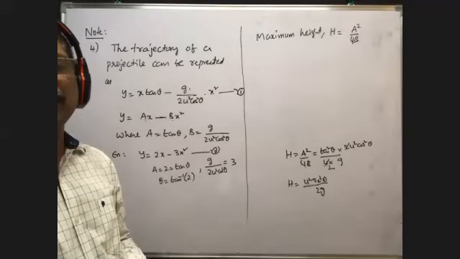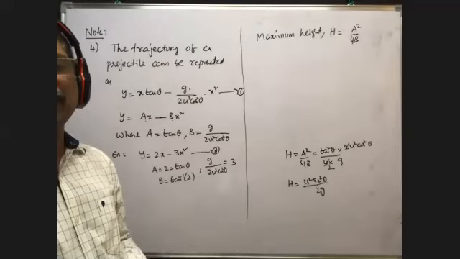Okay, here, next point: radius of curvature of parabolic path when the projectile lies at any point.